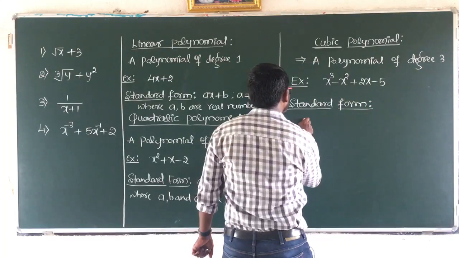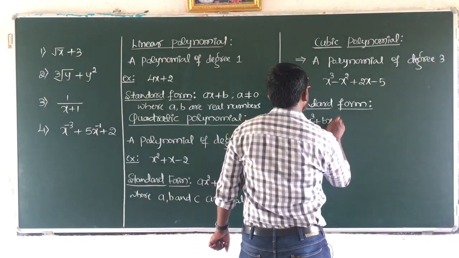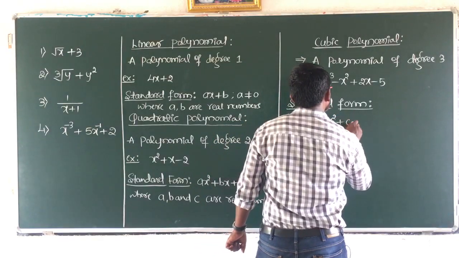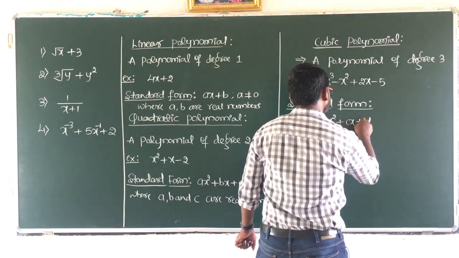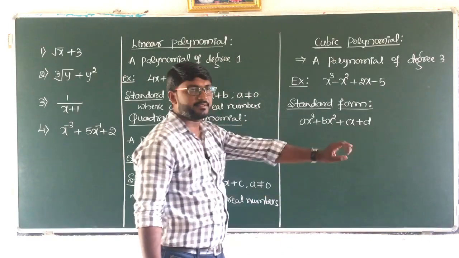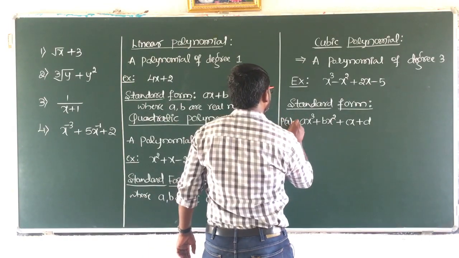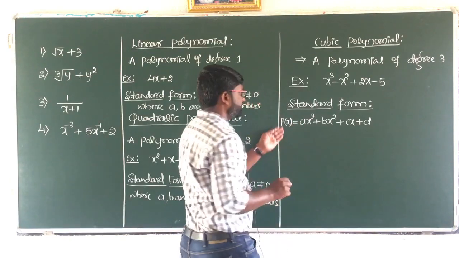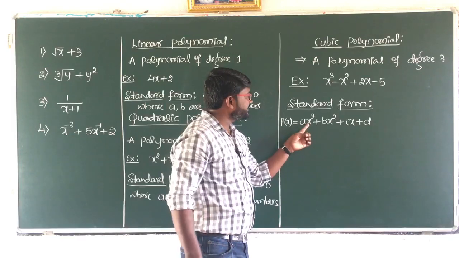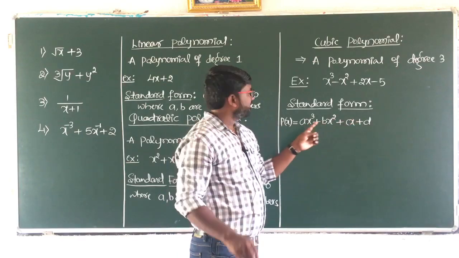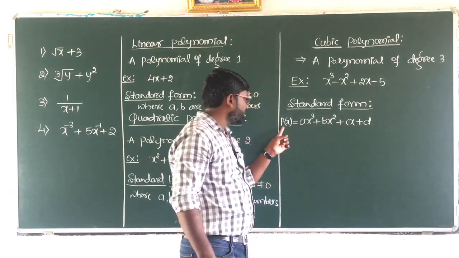Standard form, it is ax cube plus bx square plus cx plus d. So we can write this as p of x. This is a polynomial of variable x, that is why I have written p of x. In case we take the variable as y, for example ay cube plus by square plus cy plus d, here we have to write p of y.